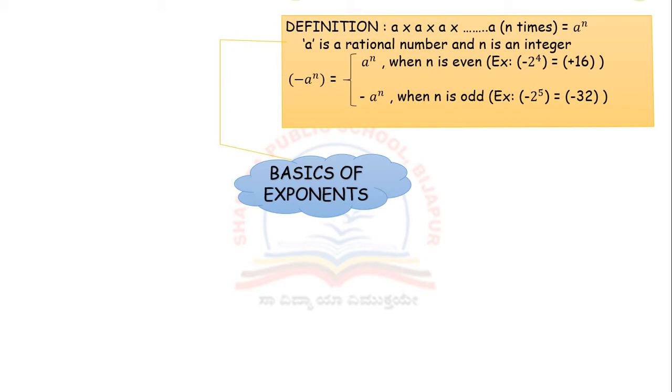Example, minus 2 to the power 4, that is equal to plus 16. It is equal to minus a to the power n when n is odd. Example, minus 2 to the power 5 is equal to minus 32. In a number a to the power n, a is called as the base and n is the exponent.